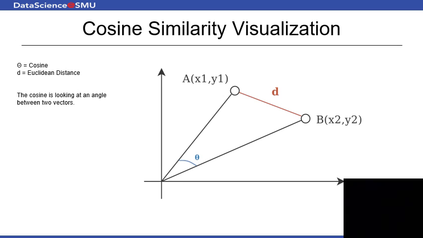An adjacent calculation to edit distance is cosine similarity. This visualization shows what cosine similarity is as opposed to Euclidean distance, which is yet a third measure of distance used in machine learning.